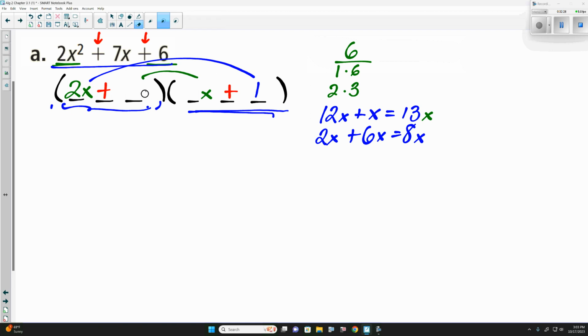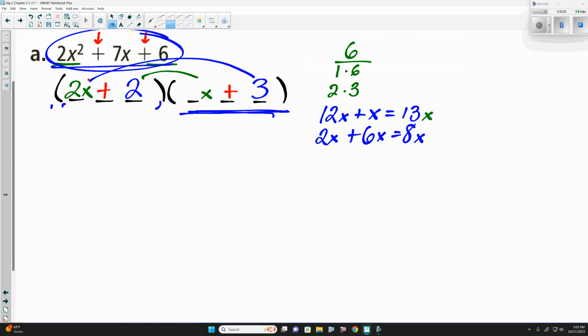If I set it up this way, is there a greatest common factor between 2x and 2? Yeah. If this worked, it means that there had to be a greatest common factor to begin with, which means in any of our parentheses, there cannot be one either. So that's wrong too.